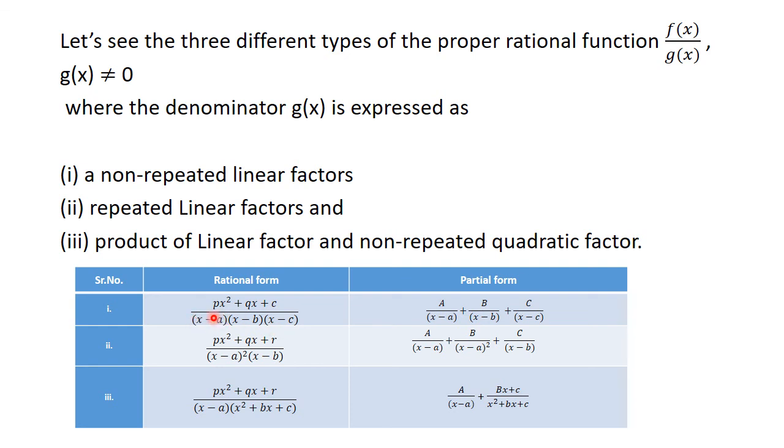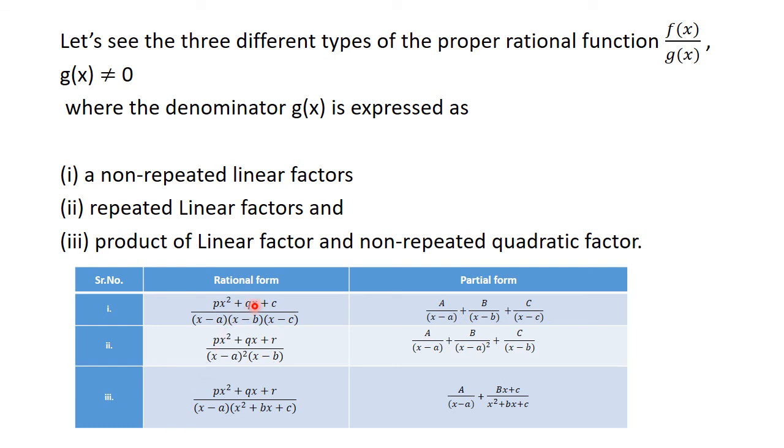Here it is a linear factor, and these are different: here we have a, here b, here c, isn't it? So these are non-repeated linear factors, and it is a proper form, because here the highest power of x in the numerator is x square, and in the denominator, if we solve it, the highest power of x will be 3. That is, the degree of numerator is less than the degree of denominator. So these expressed forms are proper rational forms.